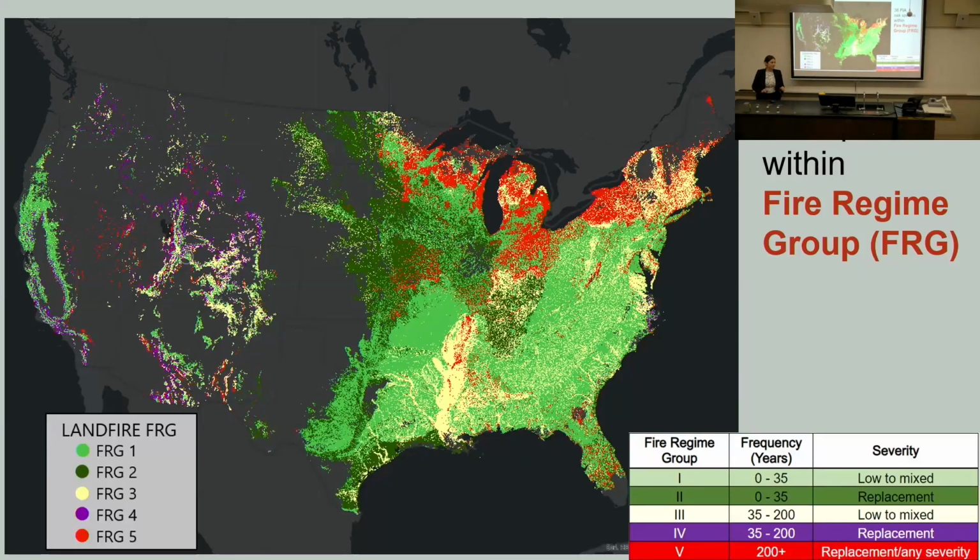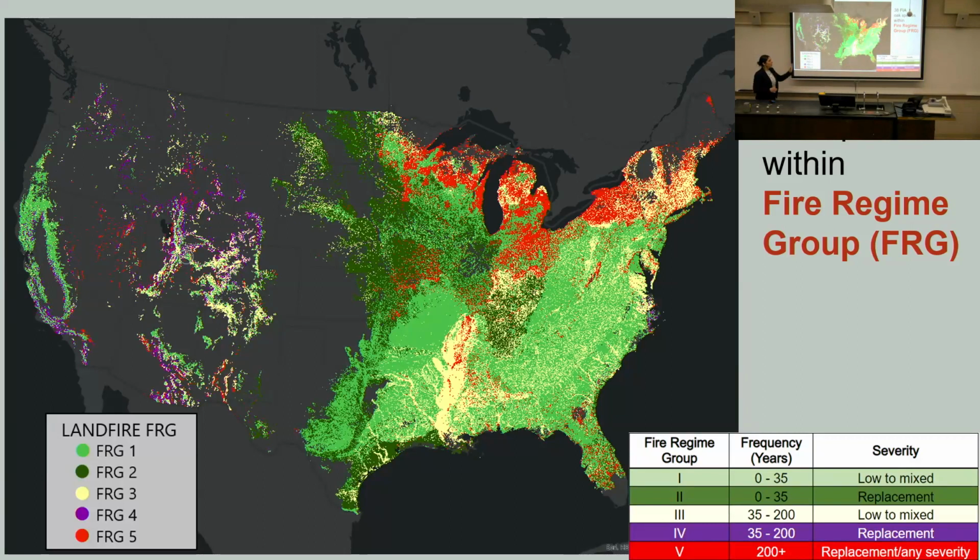So next is the 38 Forest Inventory Analysis species within the fire regime groups. So each fire regime group is shown here, 1 through 5, and again, that is that 1/3 study area of the United States. And these fire regime groups are classified again by the frequency in years that fire is occurring and then that severity level of fire.